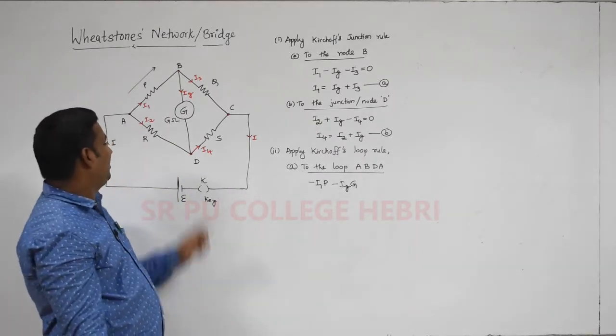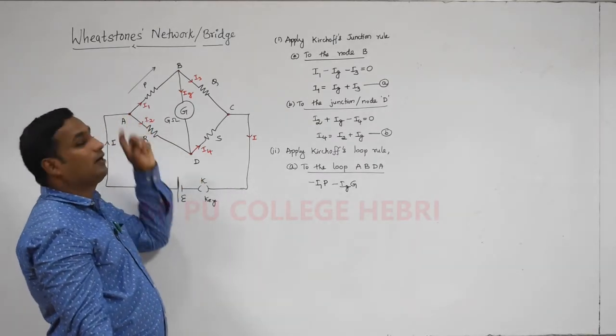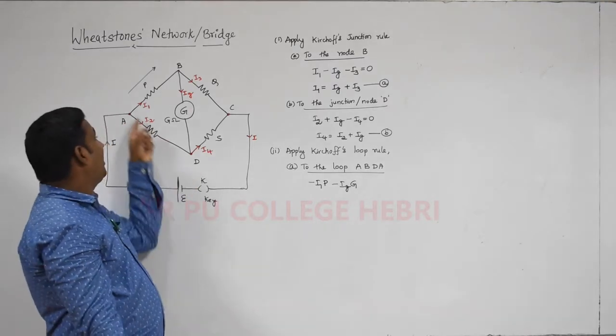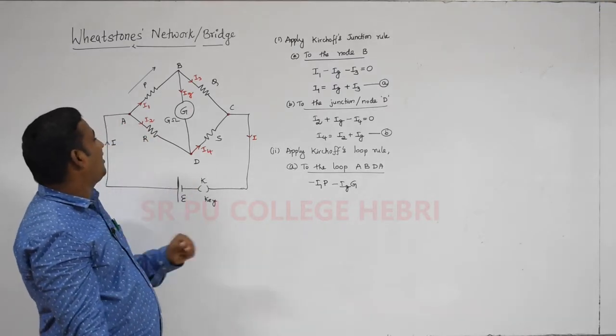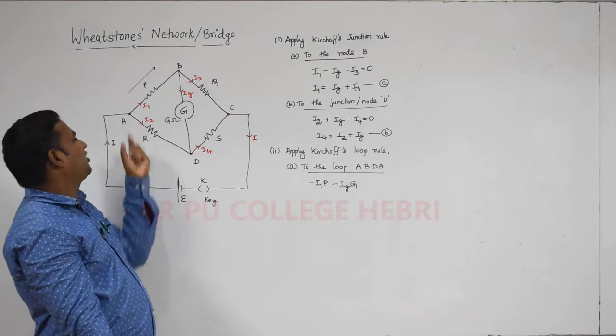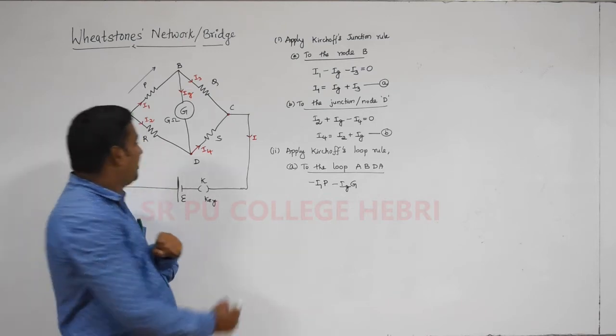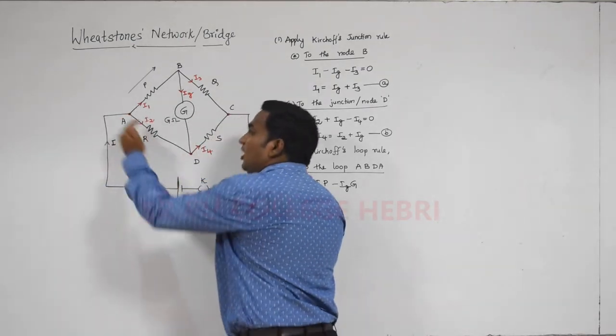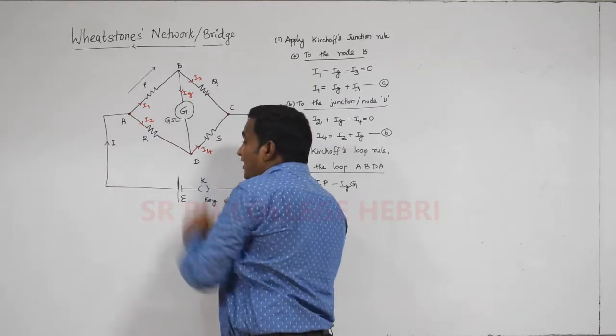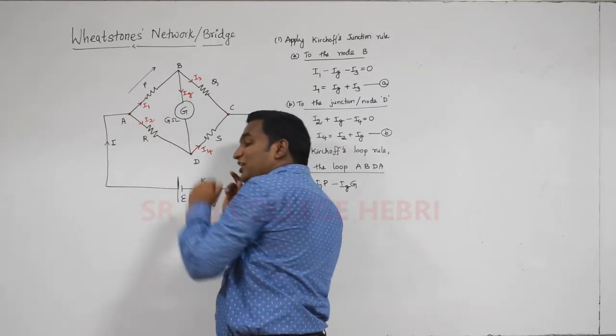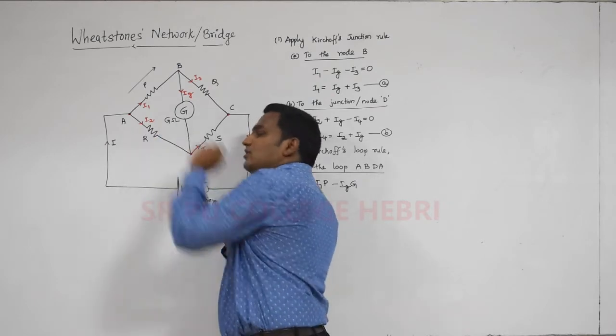Next important thing is you have to move from D to A to complete the loop. When you move from D to A, check the current I2. How is the current I2, is it in the direction of the path from D to A, or opposite? It is opposite.